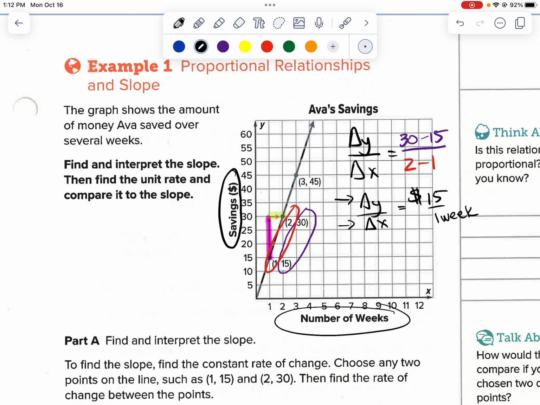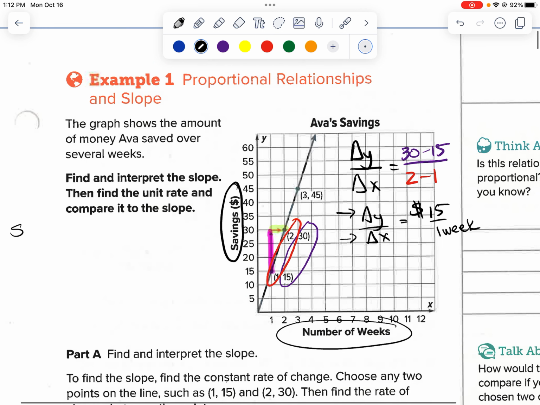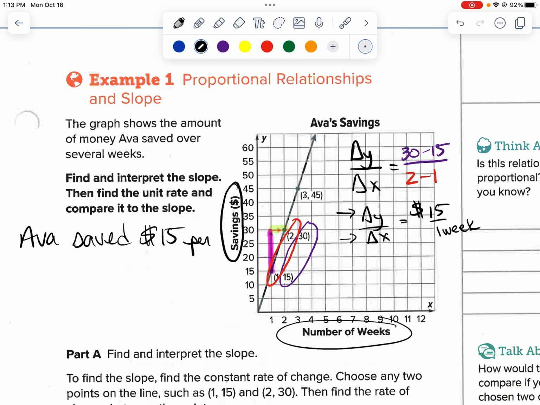The graph shows the amount of money Ava saved over several weeks. Find and interpret the slope, then find the unit rate and compare it to the slope. So Ava saved $15 per week.